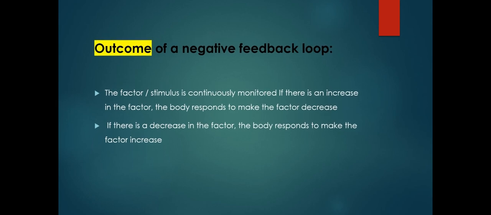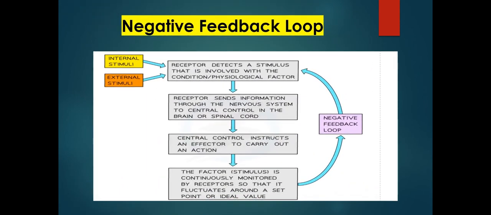What happens after negative feedback? Well, if there's an increase in a factor, the body responds so the factor decreases. I just mentioned this earlier, and vice versa. This is the negative feedback loop. We don't need to really learn it because I just told you that. Just go through this diagram once.